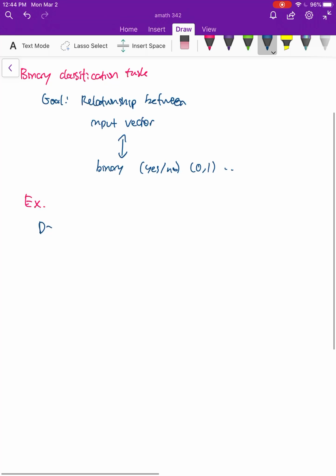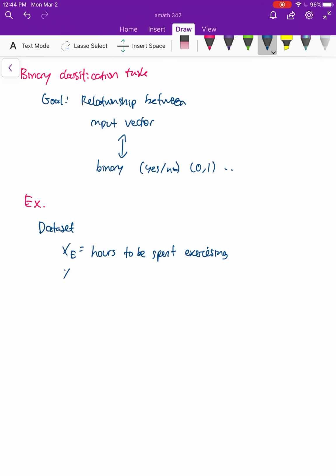Suppose you have this data set. So your friend comes over and wants some help with time management. He tells you the hours that he spends exercising each week, and the hours that he spends socializing.